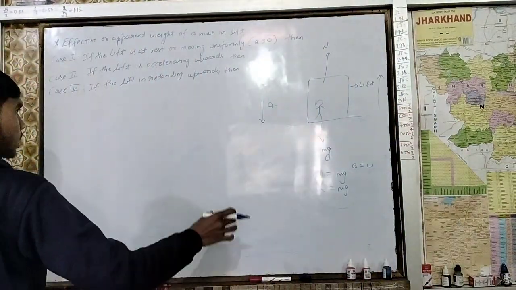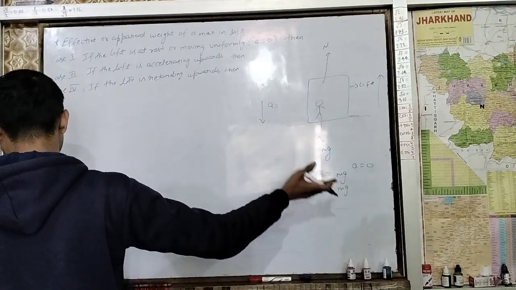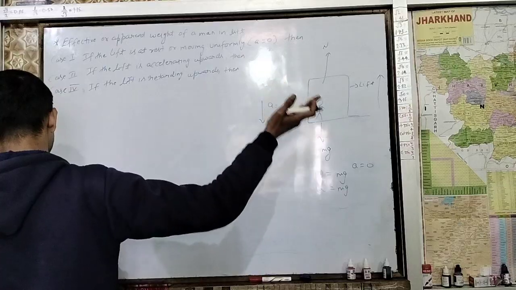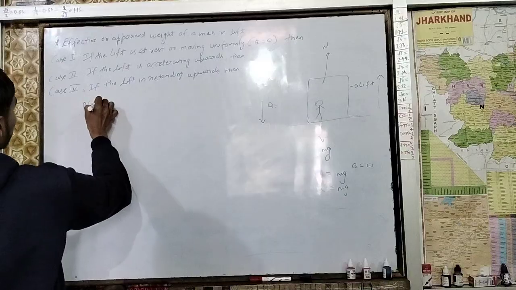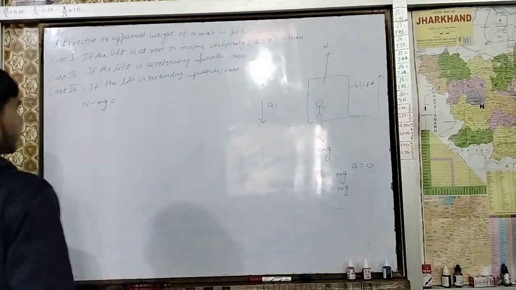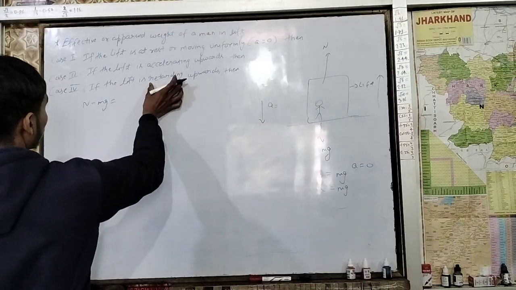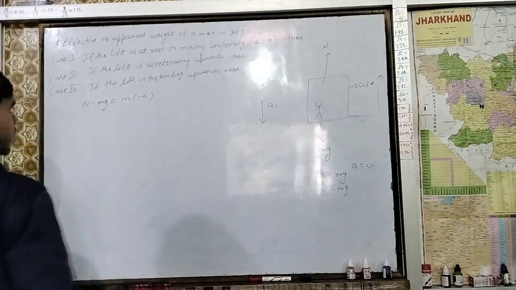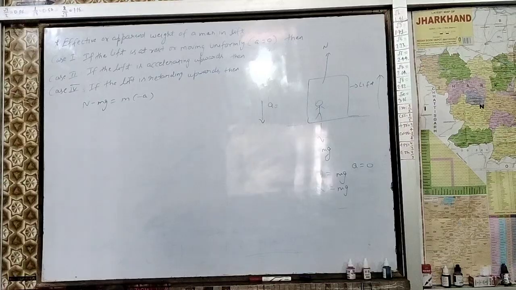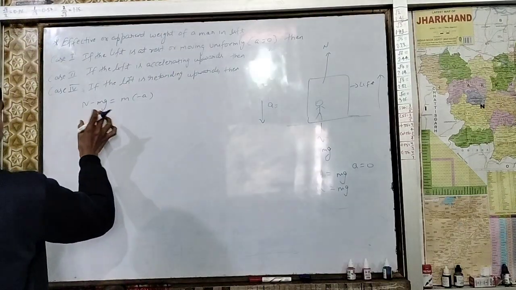In that case this will be mg, but remember, if the direction of the lift is upward, then the upward force will be taken first. So N minus mg will be equal to m times acceleration. But when it comes to retardation, we take a as minus a. Now let's simplify this equation.